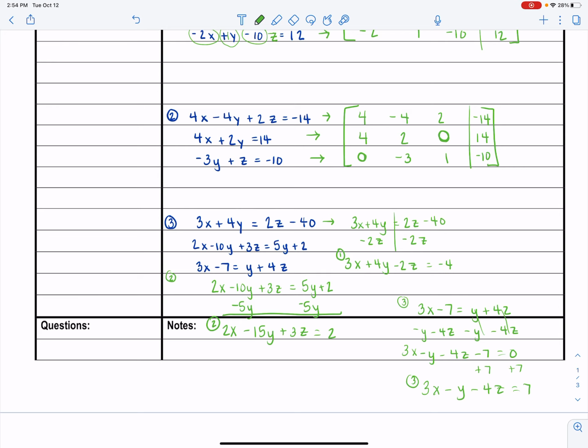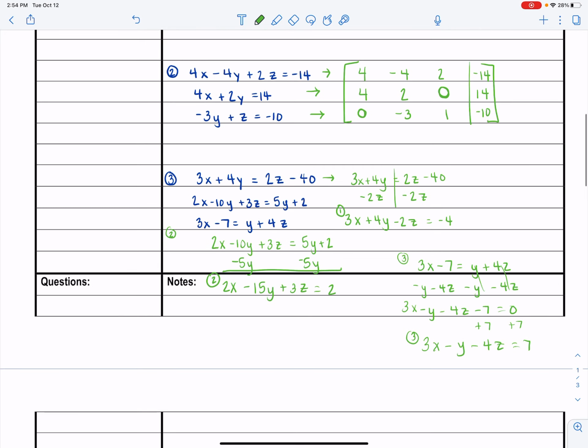All right, so if I'm going to build my matrix, I'm kind of running out of room. The first equation is going to go here.